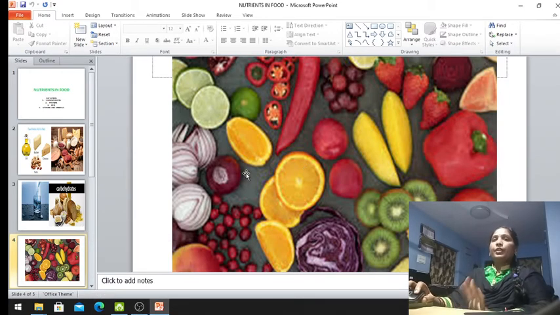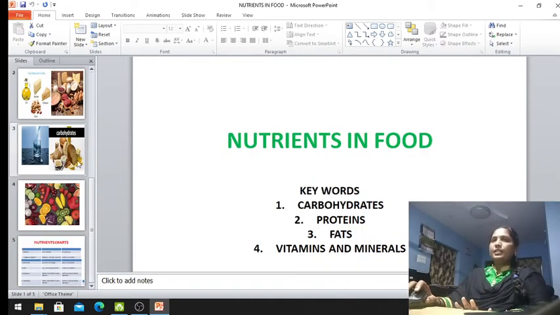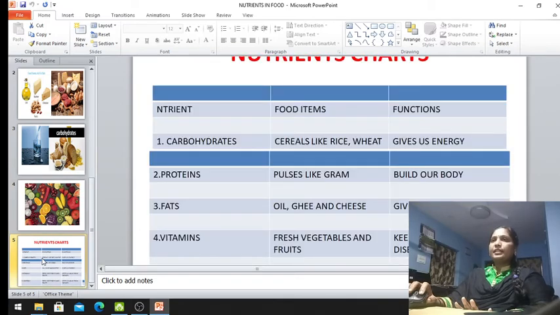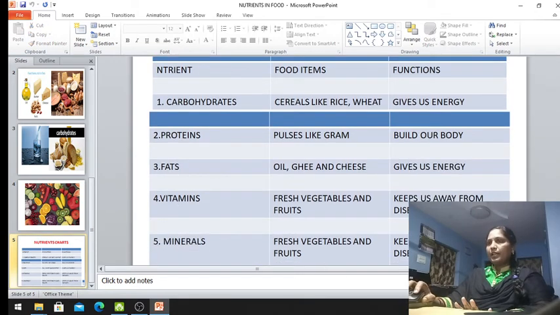So now you learned how to sort the different food items into groups, right? We have five different types of nutrients in our food. They are proteins, carbohydrates, fats, vitamins and minerals.